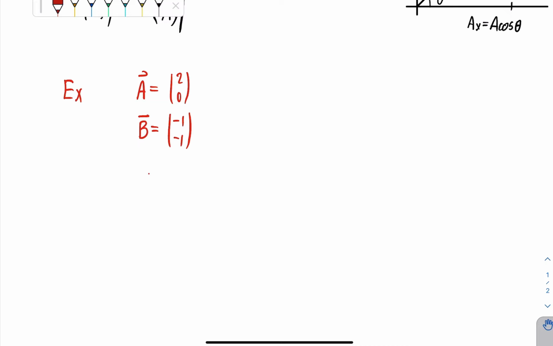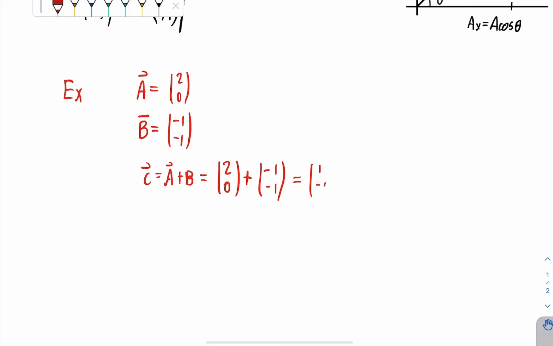So let's say I want to find a vector C such that C equals A plus B. Well, this is going to be (2, 0) plus (-1, -1), which is equal to (1, -1). We can take these components, so 2 minus 1 is 1, 0 minus 1 is -1. Wonderful. So that's how we do the addition.